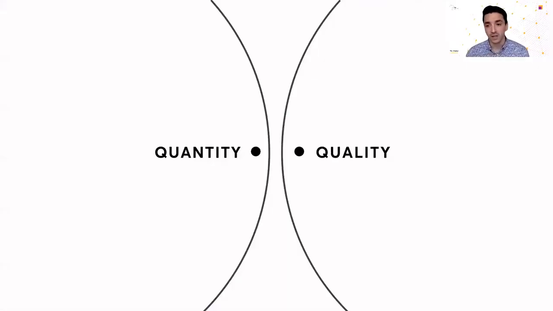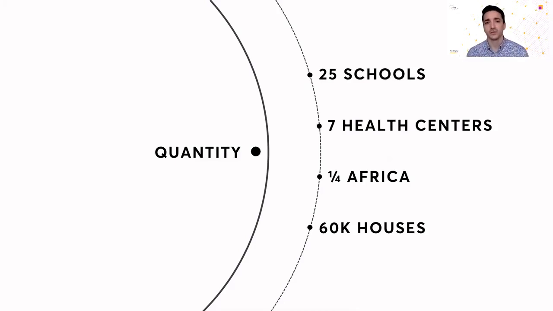Roughly, I do believe I can compile all the challenges we currently have in the industry into 2 groups. I like to say we have a quantity problem and a quality problem. What I'm talking about with quantity is that our lack of infrastructure and development in Africa is massive.